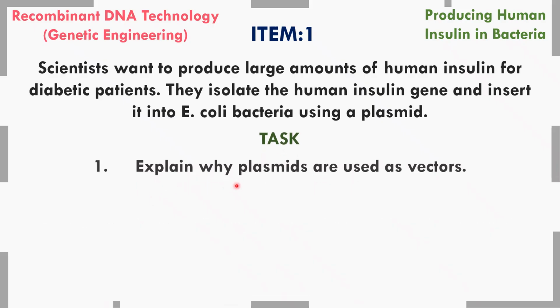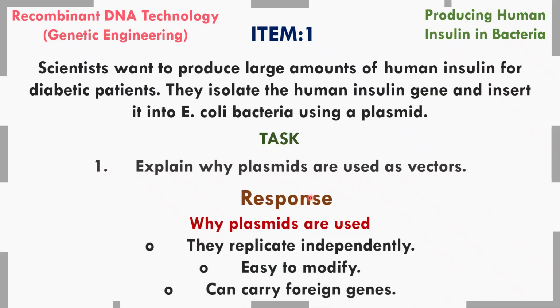Let's start with explaining why plasmids are used as vectors. Why plasmids are used? They replicate independently. They are easy to modify and can carry foreign genes.